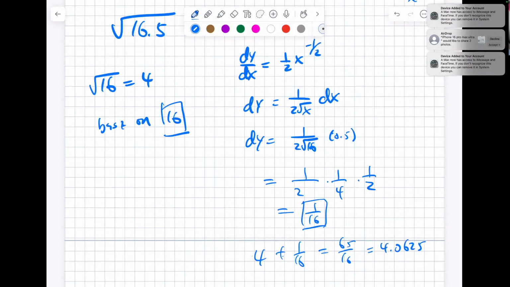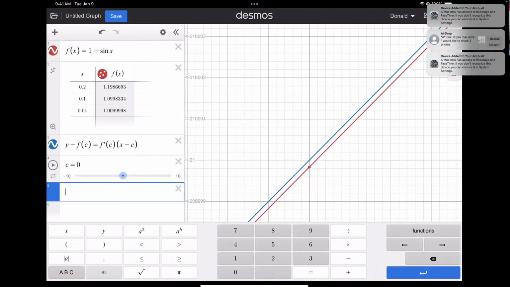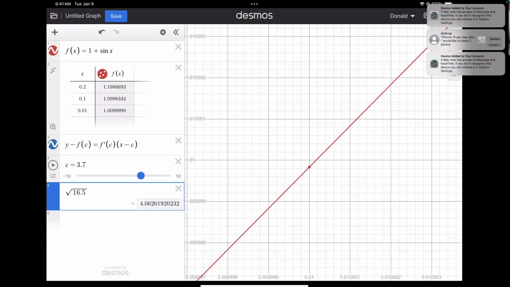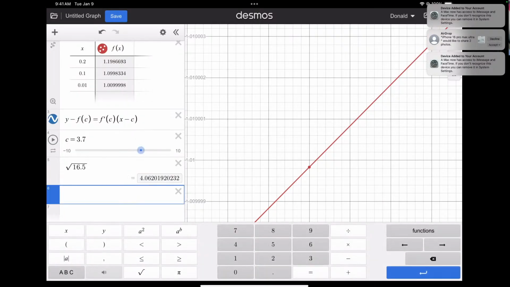Okay, so 4.0625. And what's my actual approximation? Let's go look at the actual value for square root of 16.5. It's 4.0620. We're saying it's 65 over 16. Sorry, 65 over 16.